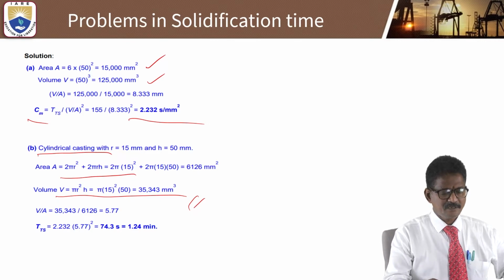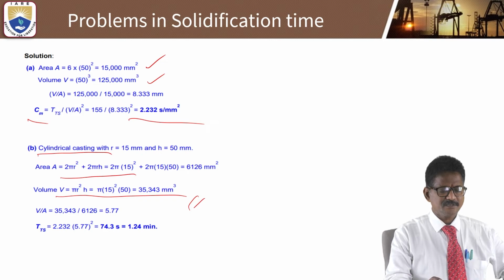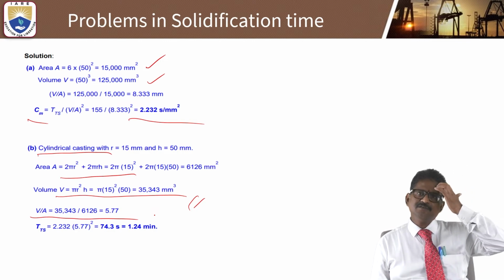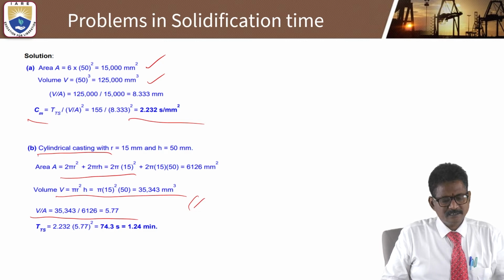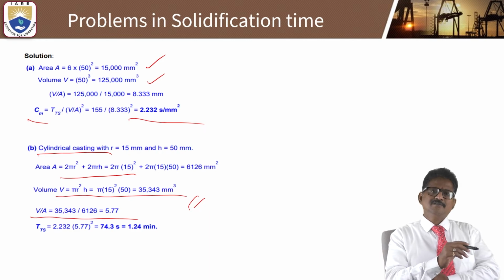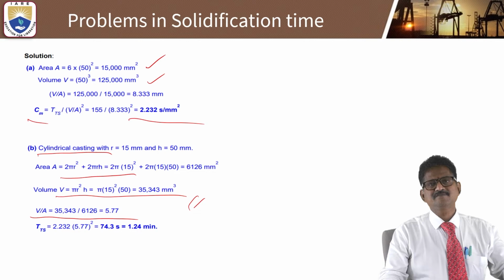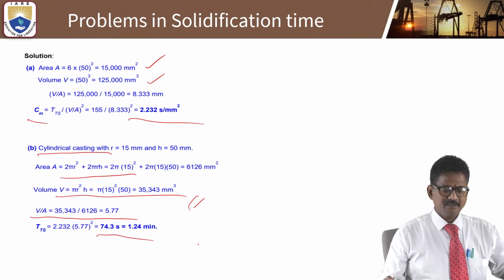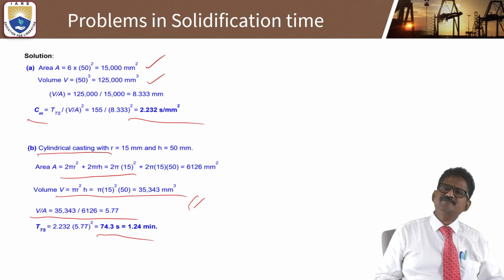Okay, and V by A is equal to 35.323, and this value, the solidification time, is 2.232 into 5.77 whole square, that is almost 74.3. Yes, and 124.5. Okay, 124.5.